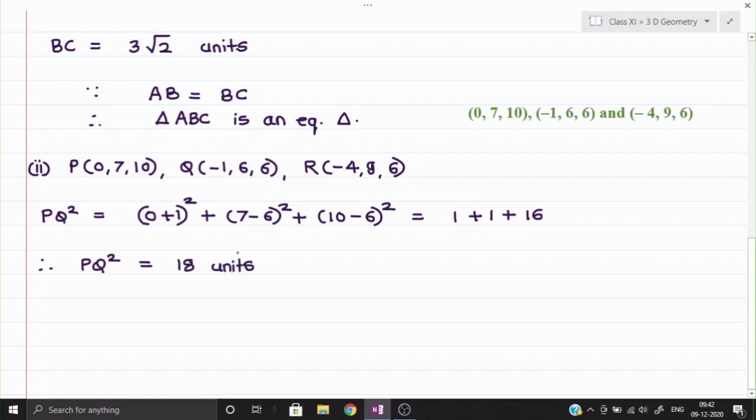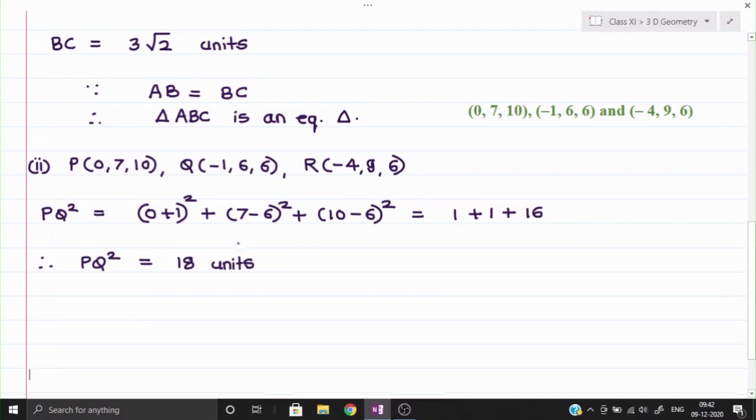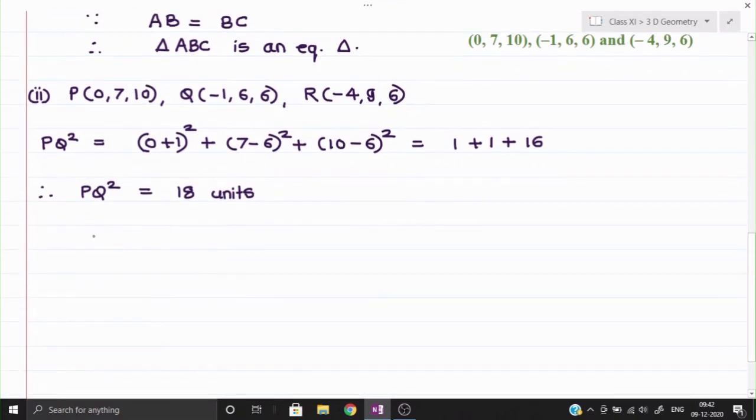Now similarly we can find out the value of QR and the value of PR. So now I am finding the QR square. QR square is equal to (-1 plus 4) whole power 2 plus (6 minus 9) whole power 2 plus (6 minus 6) whole power 2.